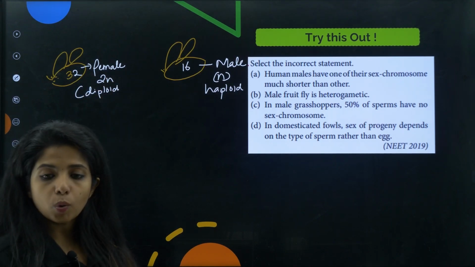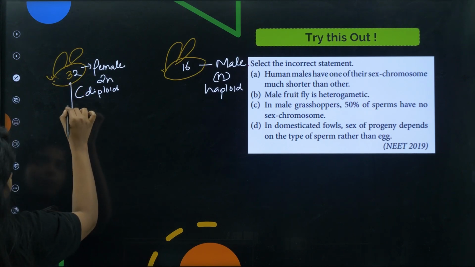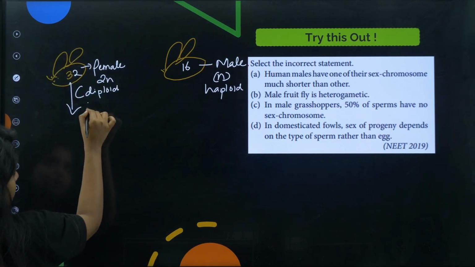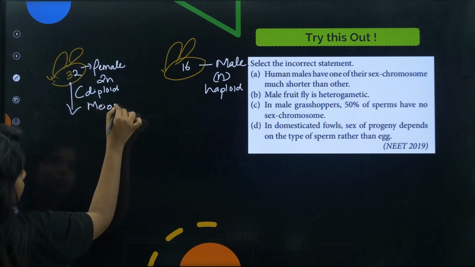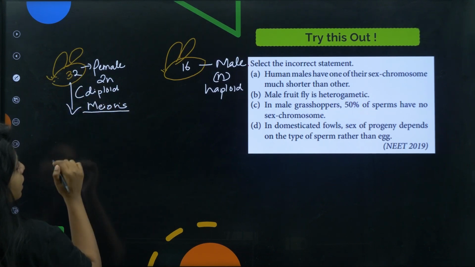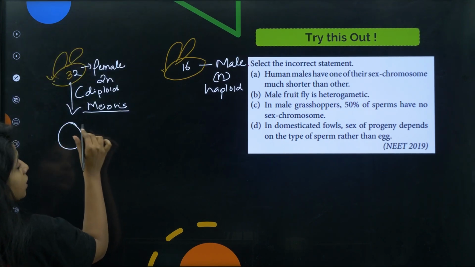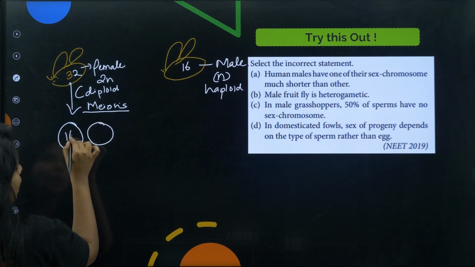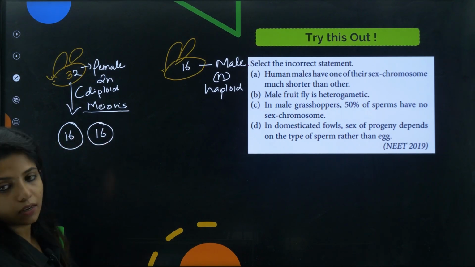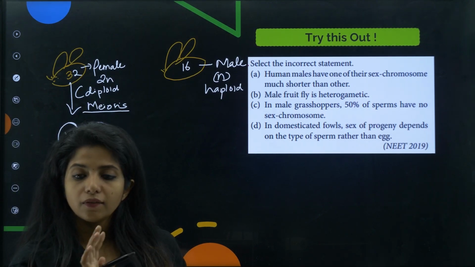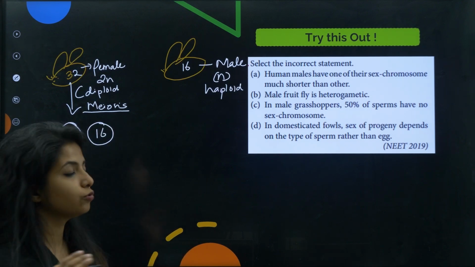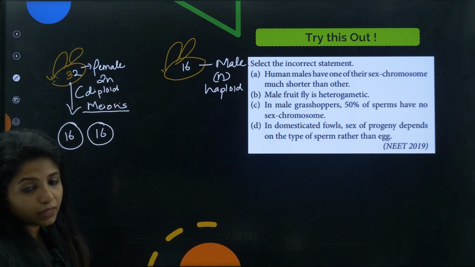Now when this female honeybee undergoes meiosis, which is a reductional cell division where you get half, it will produce gametes. All the gametes will have 16 chromosomes, because it's a reductional division.